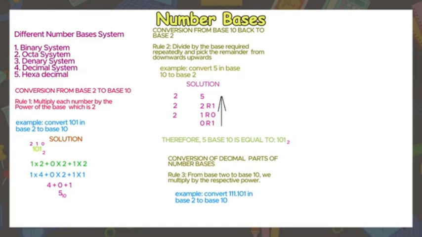In the case of base 2 to base 10, from base 2 to base 10, we multiply by the respective power. Let's have 111.101. That is in base 2 now, to base 10.